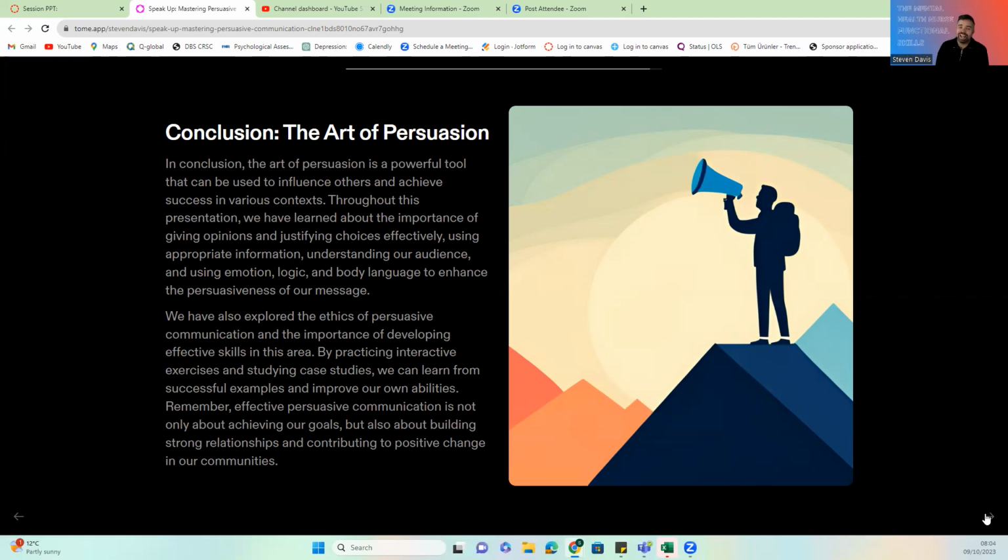We've also explored the ethics of persuasive communication and the importance of developing effective skills in this area. By practicing interactive exercises and the case studies, we've learned from successes and improved our own ability. Remember, effective persuasive communication is not only about achieving our goals, but also about building stronger relationships and contributing to positive change in our communities.